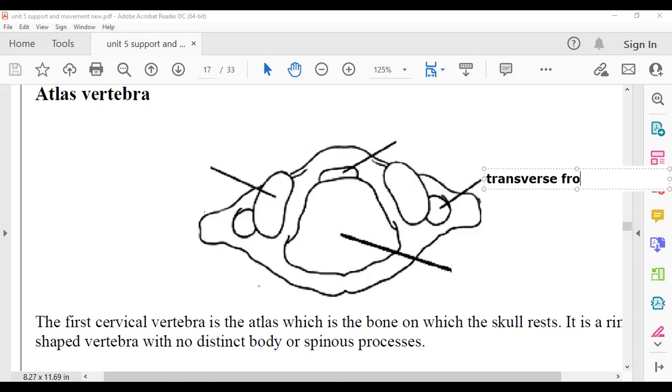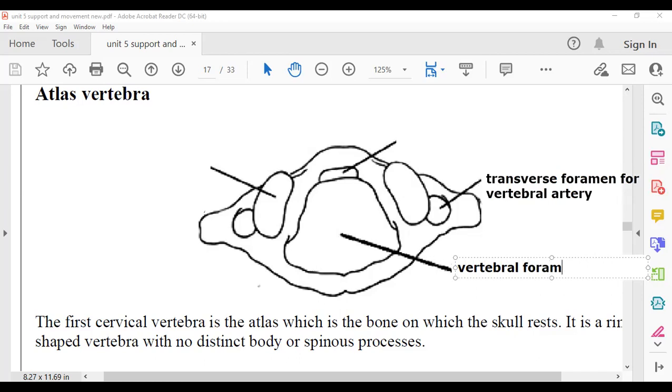Actually, I used to pronounce it as vertebraterial foramen. That is the real word. But here, they are simplifying it, they are calling it transverse foramen for vertebral artery. Correct? Yes, sir. Right. So that is one thing. And this is the vertebral foramen.